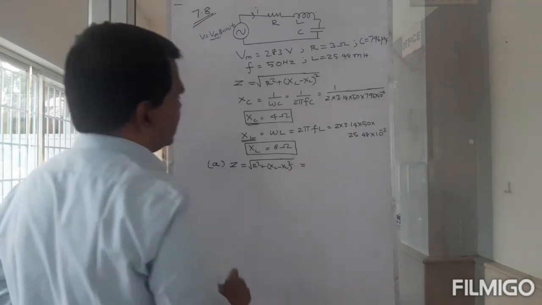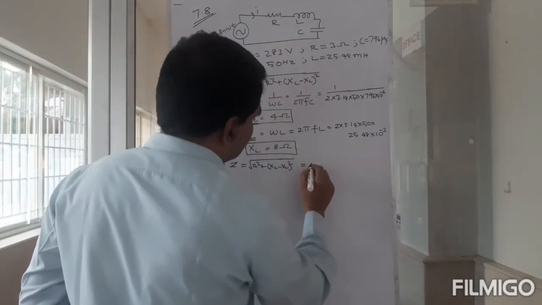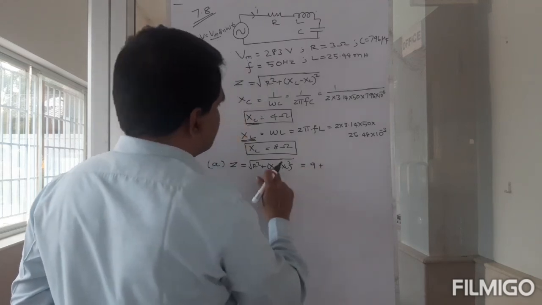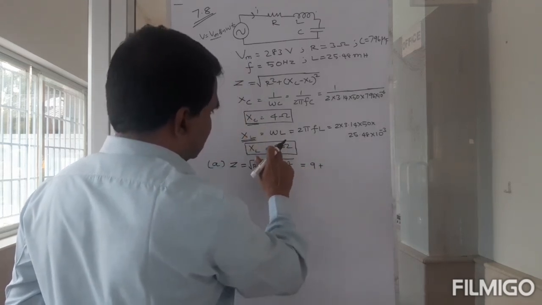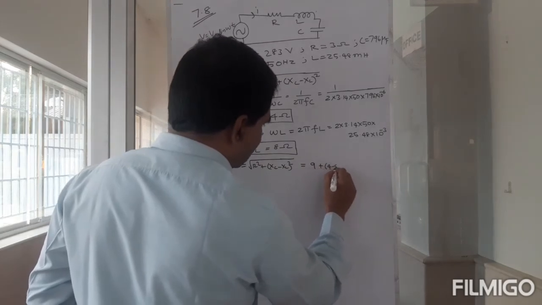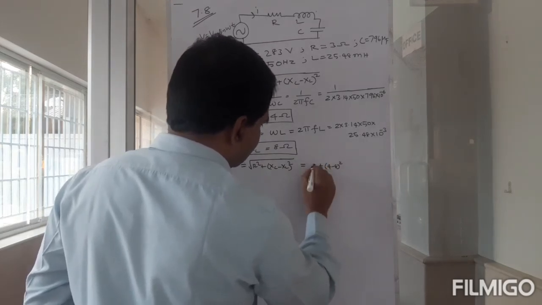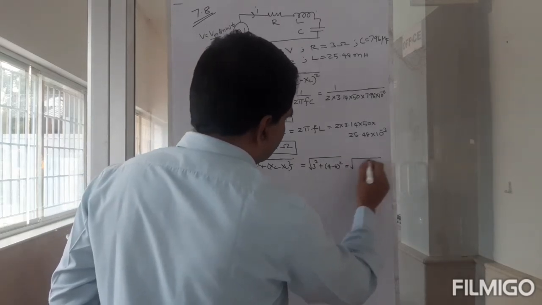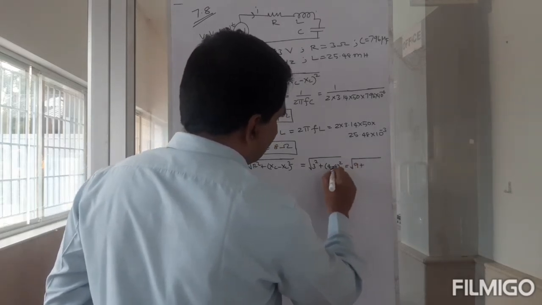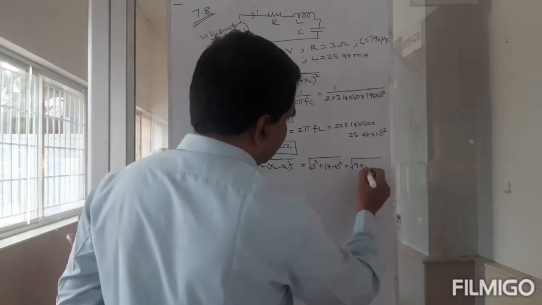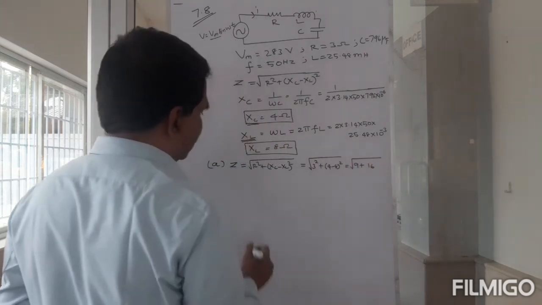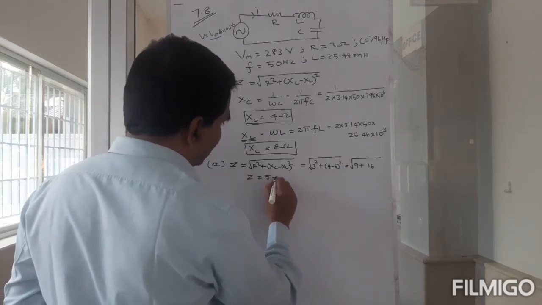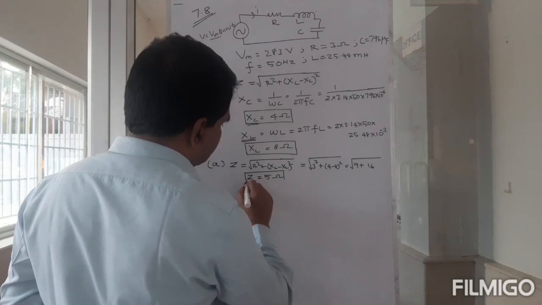So this is equal to R squared, which is 3 squared, that is 9, plus XC is 4, XL is 8, so 4 minus 8, minus 4 squared, it's going to be 16. So it's going to be 25, right? So if it is 25, then the Z value is going to be equal to 5 ohms. That's the first part.